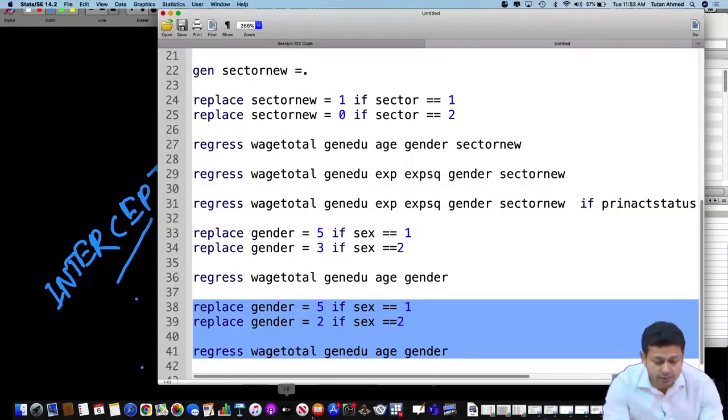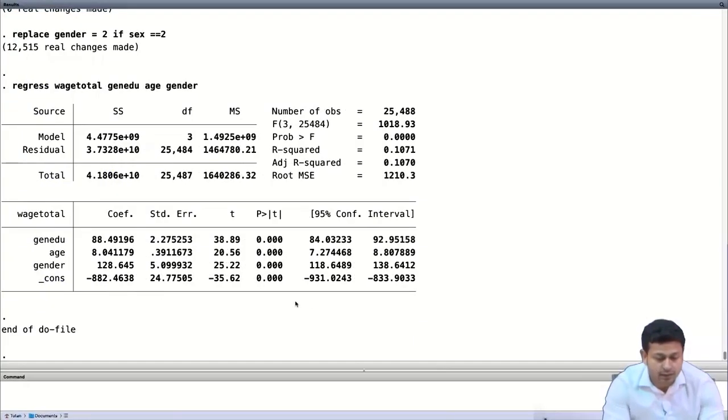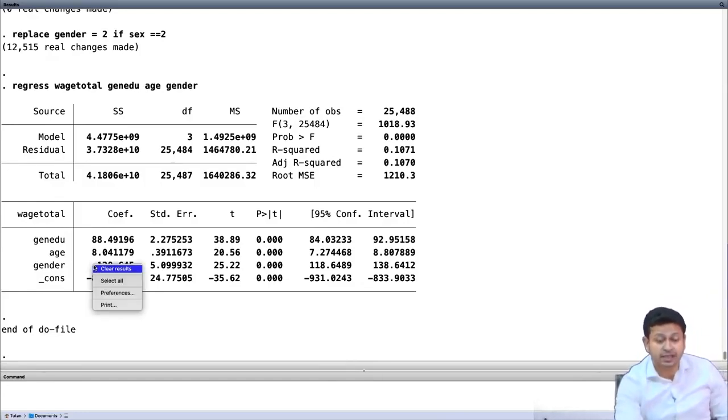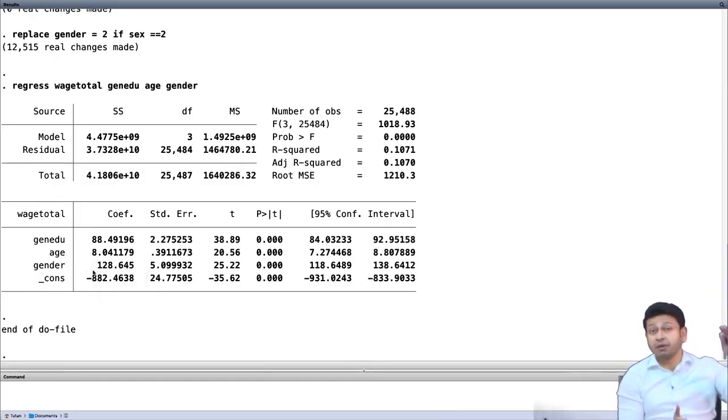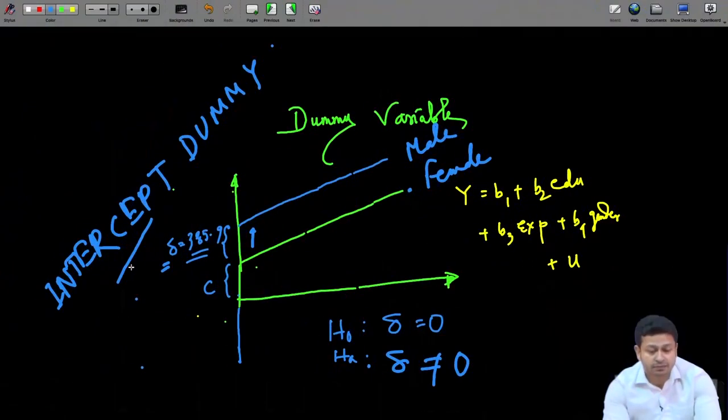So it is going to be 128.6. Now the difference is 3 and the per unit change is 128.6, so you have to multiply by 3 to get the full difference between male and female. If you do that, 128.6 times 3 gives you the value of 385.9 that we had in the first place.